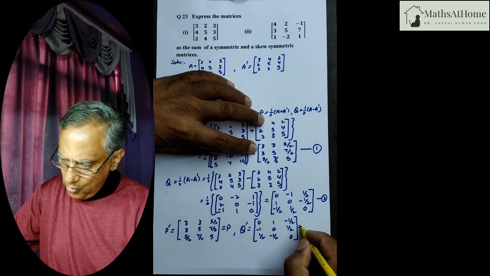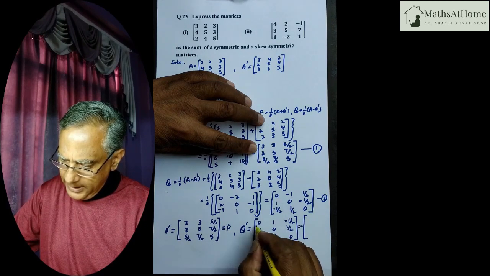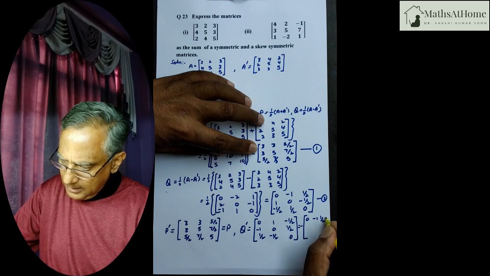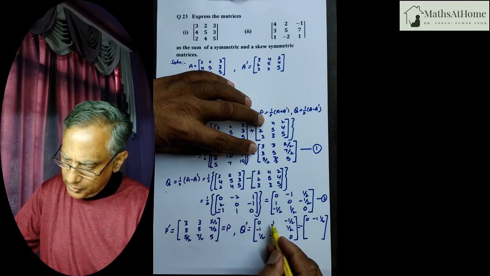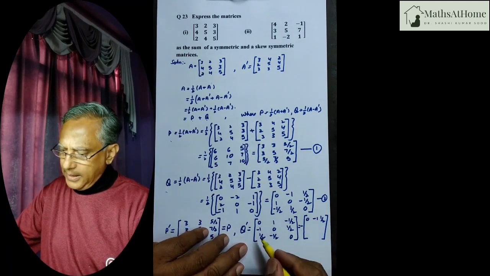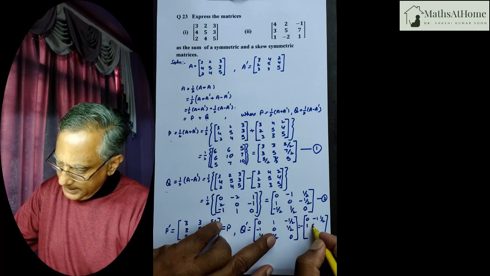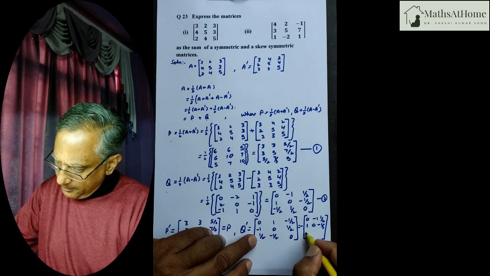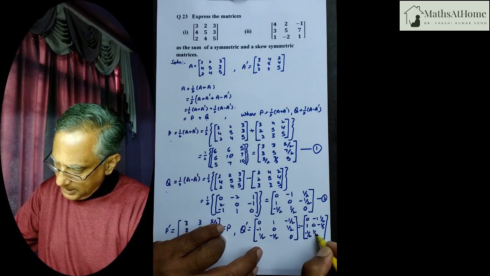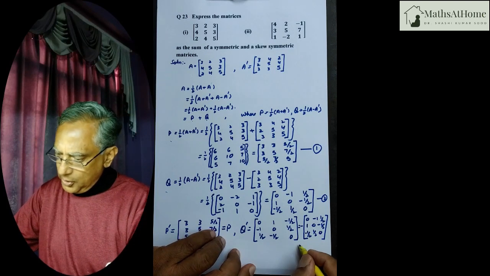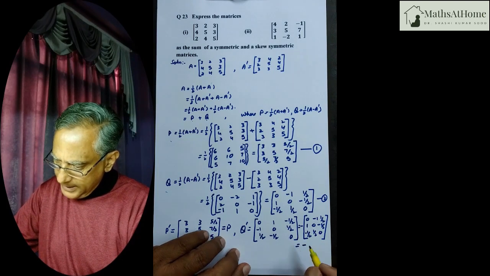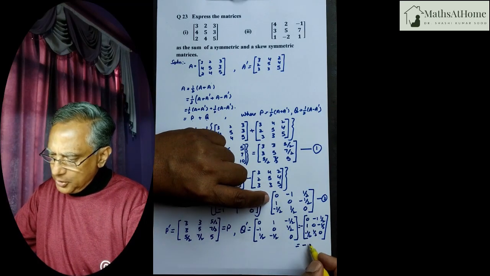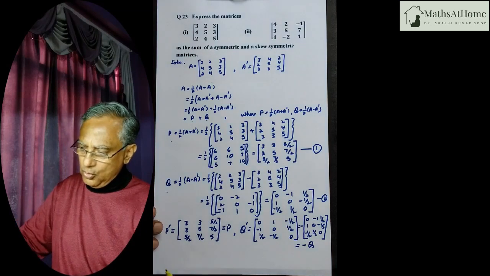This is equal to, minus is common, we take minus common, we get 0, minus 1, half. 1, 0, minus half. Minus half, half, and 0. So this is equal to minus, and compare it with Q. All the entries are same. So this is minus Q.